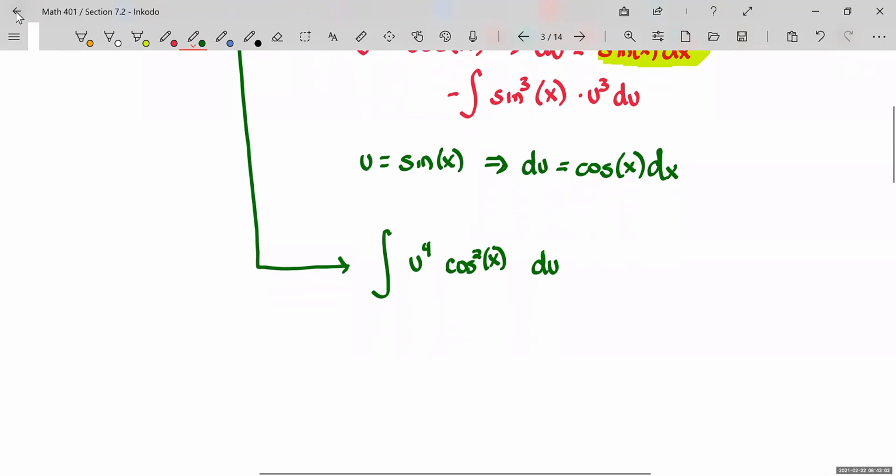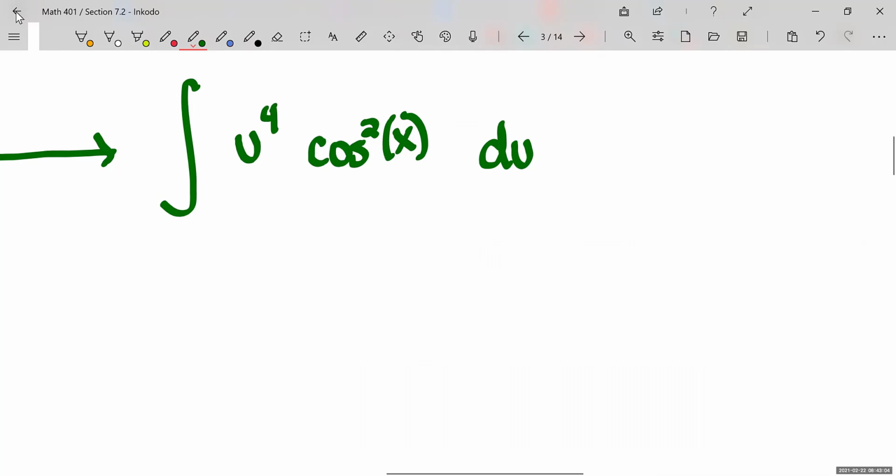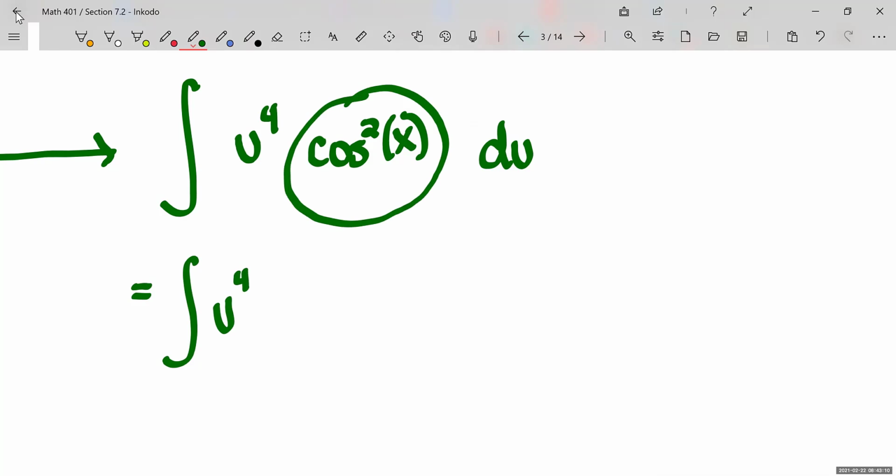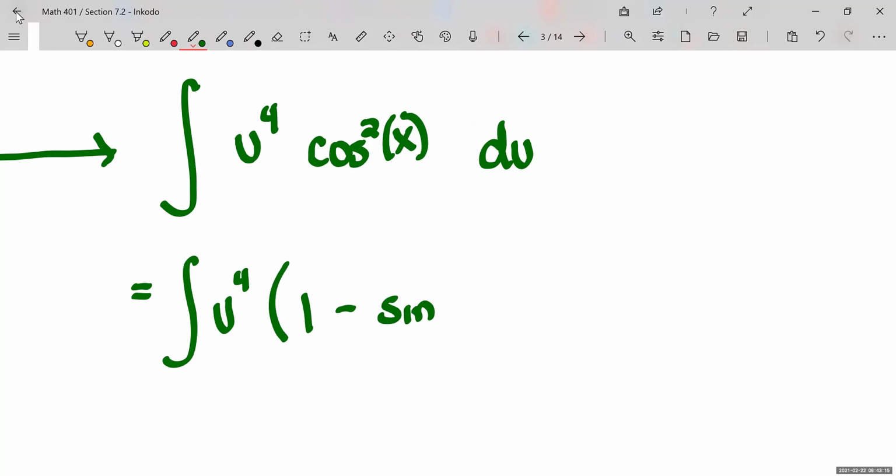Now, it's a mixture of variables. I totally get it, but because we were lucky enough to deal with even powers on that cosine, I can rewrite it in terms of the sine. And the sine, remember, is u.